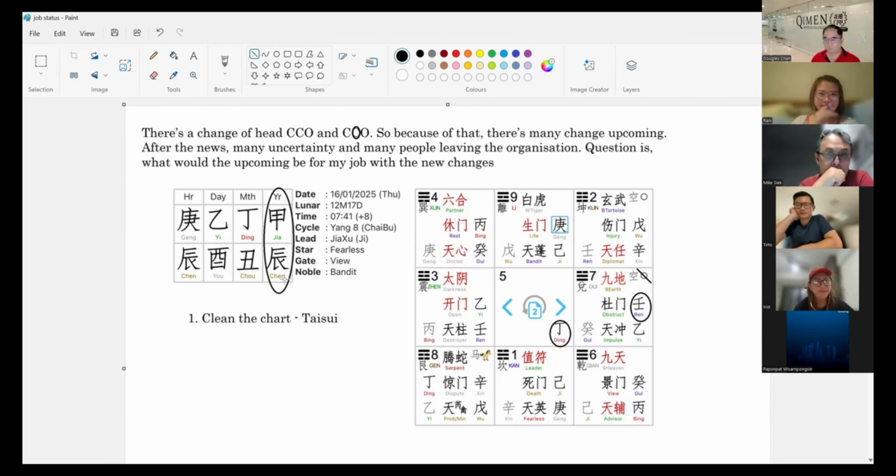Number 4, so 100% confirmed it's 4. So how do we verify? There's another way to verify. Zi is over here. If you know how to recite the 12 branches, 子丑寅卯辰巳午未申酉戌亥, so 子丑寅卯辰, Chen is over here.